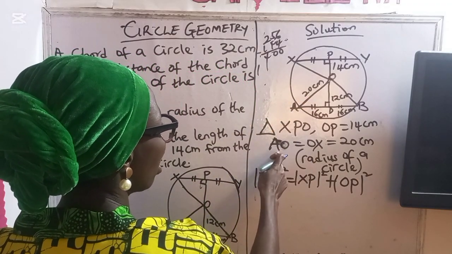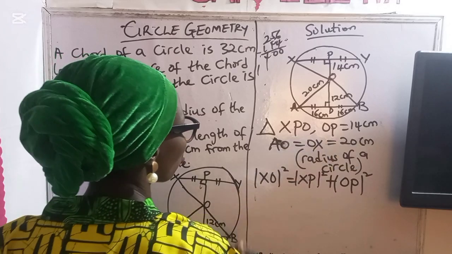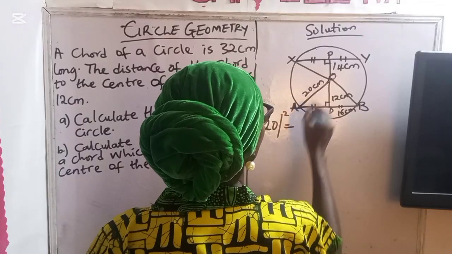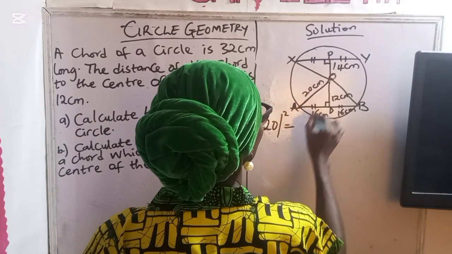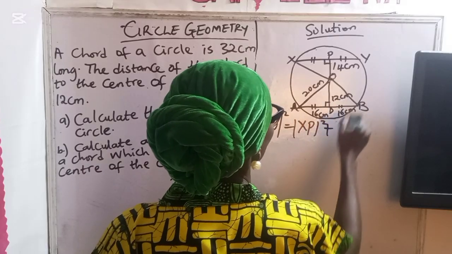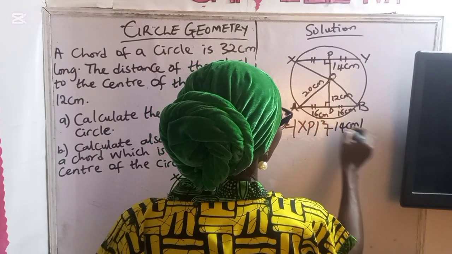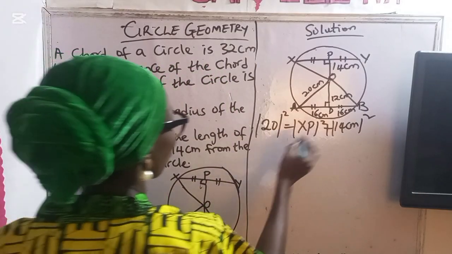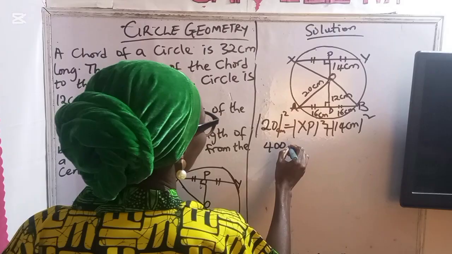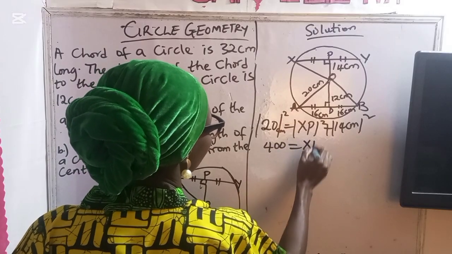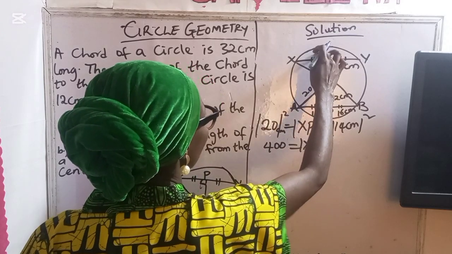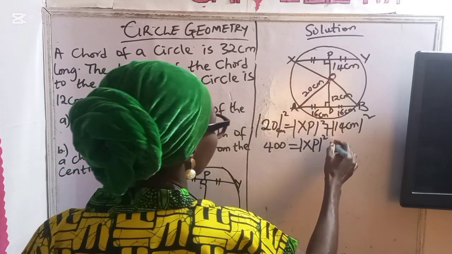We know that AO is equal to OX, which is 20 centimeters squared, equal to XP squared plus 14 centimeters squared, right? So this will give us 400 equal to XP squared, the distance that we are looking for. Once we are able to get this place, we will also get here.